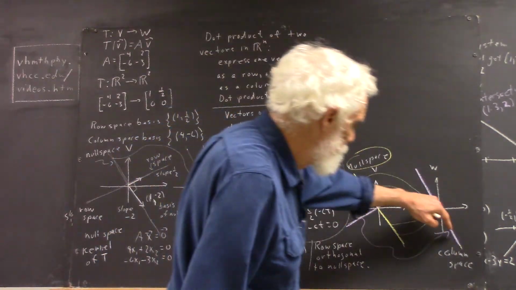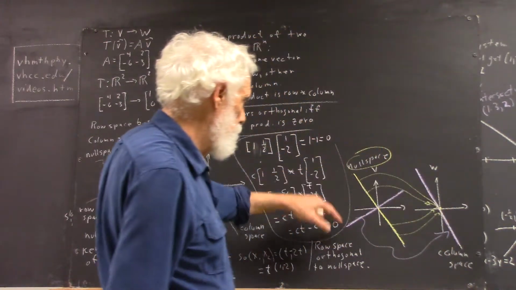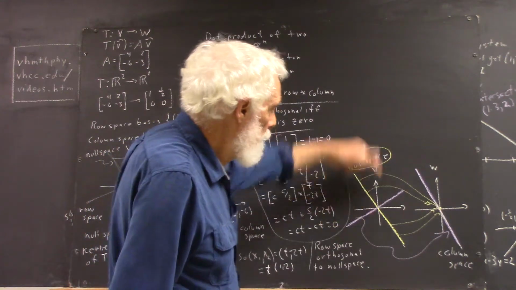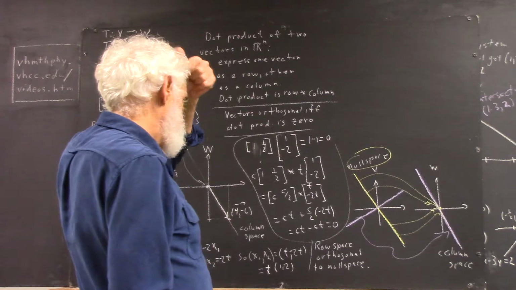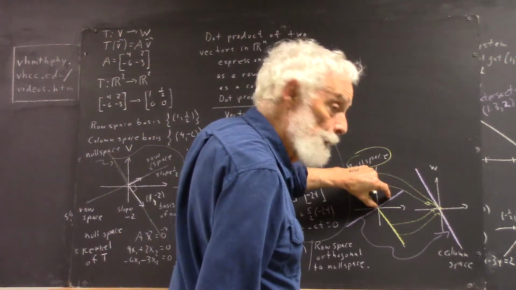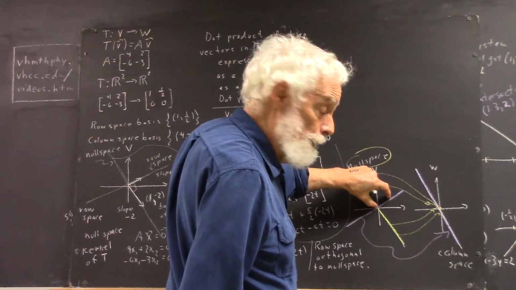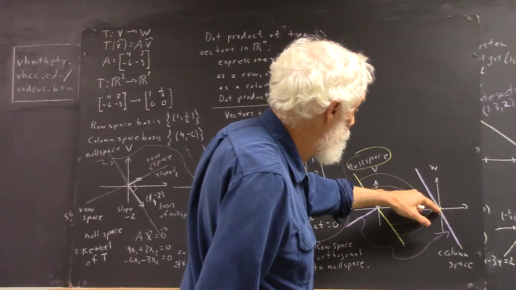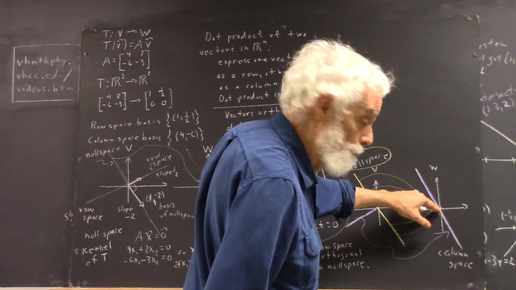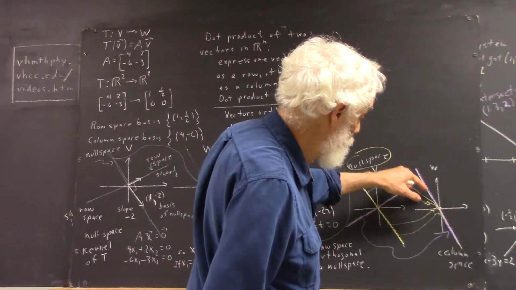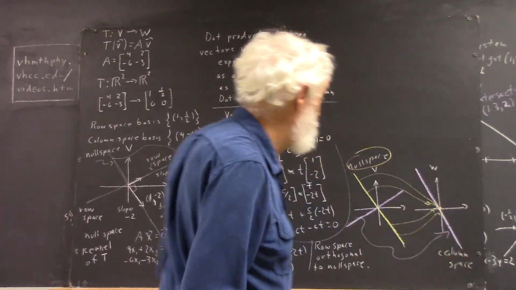This point doesn't necessarily go to this point, but I'm just indicating that this entire line maps onto this line, in the sense, again, that every point in this line corresponds to a vector, and that vector maps to a vector whose initial point being on the origin, the terminal point will be on this line.